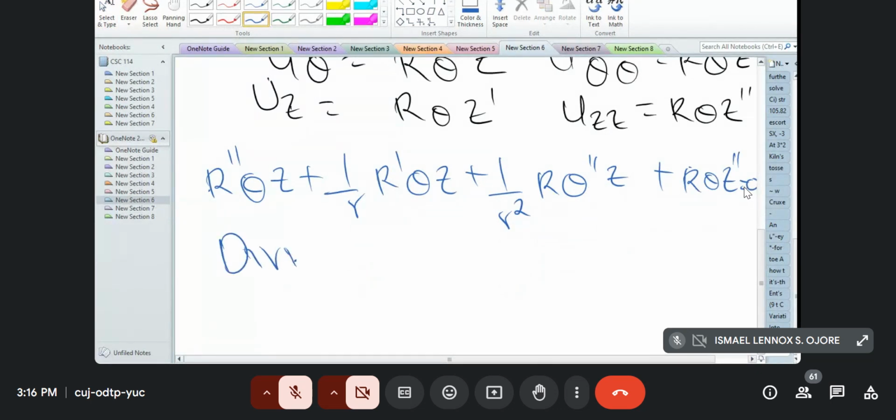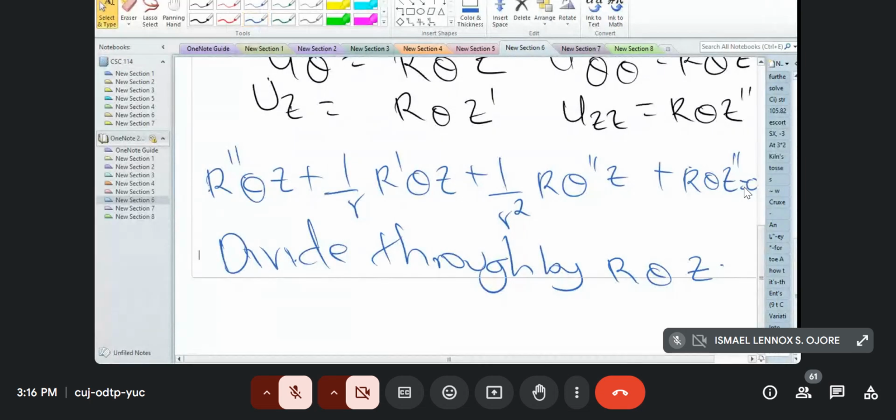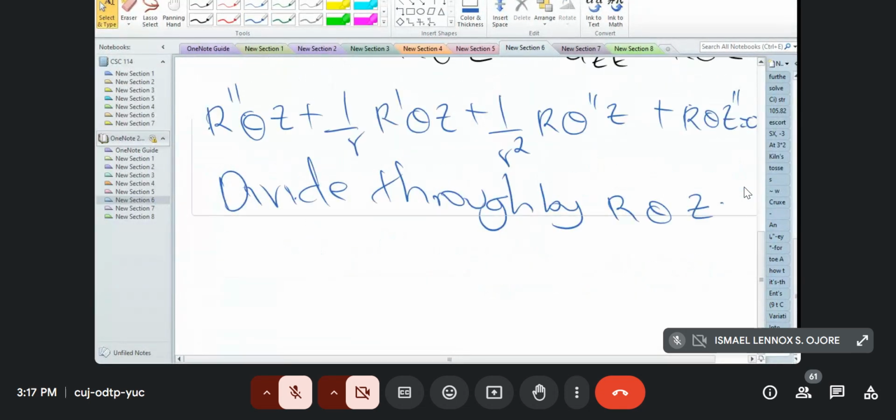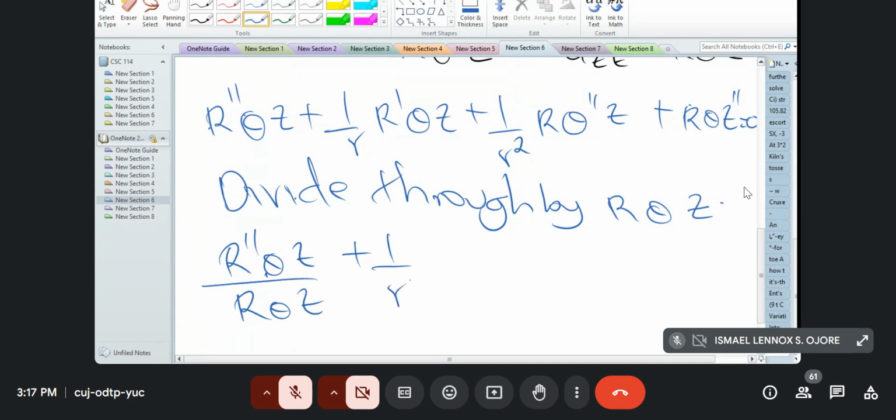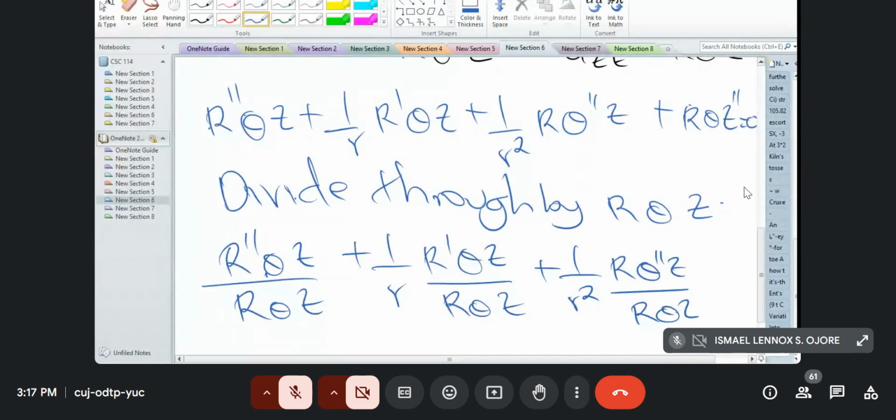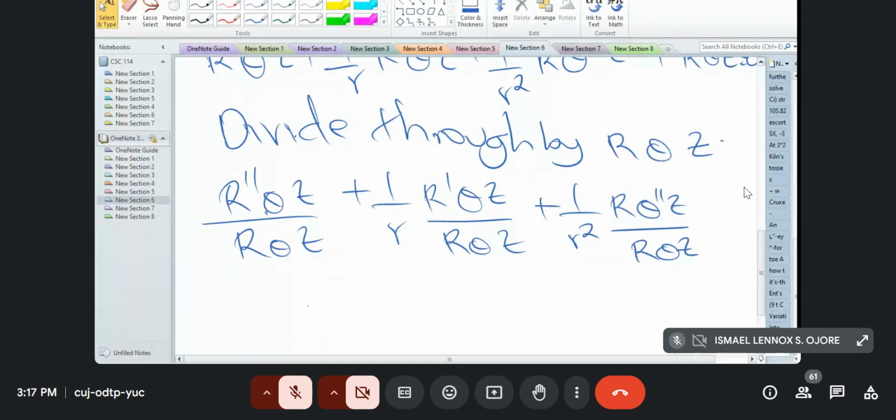We divide through by R Theta Z. So we'll have R double prime Theta Z divided by R Theta Z, plus 1 over r R prime Theta Z divided by R Theta Z, plus 1 over r squared R Theta double prime Z divided by R Theta Z, plus R Theta Z double prime divided by R Theta Z.